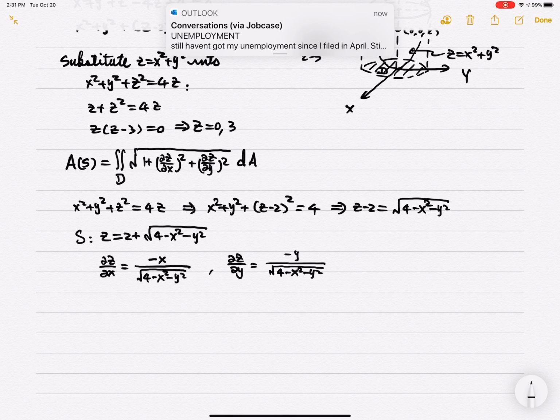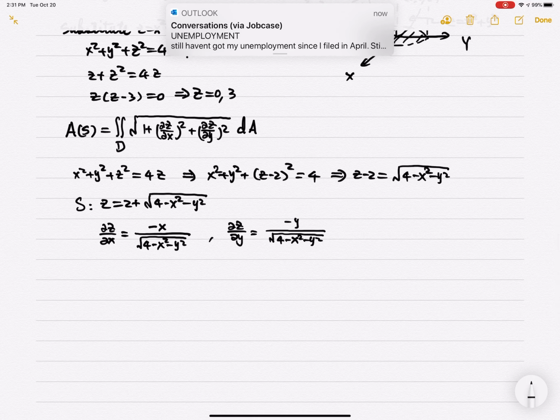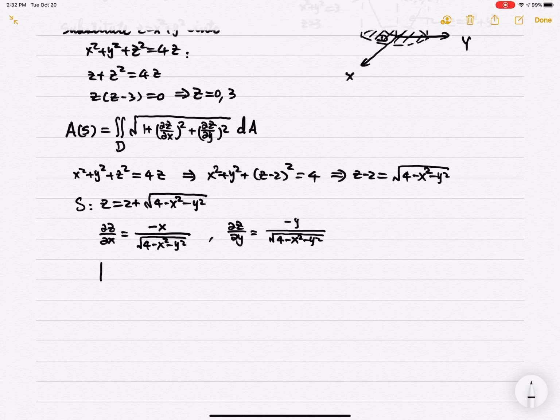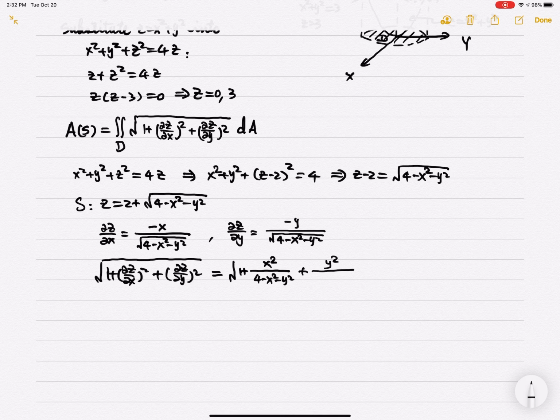Now if you look at root 1 plus partial z partial x squared plus partial z partial y squared, when you plug it in, this is equal to root 1 plus x squared over 4 minus x squared minus y squared, plus y squared over 4 minus x squared minus y squared.